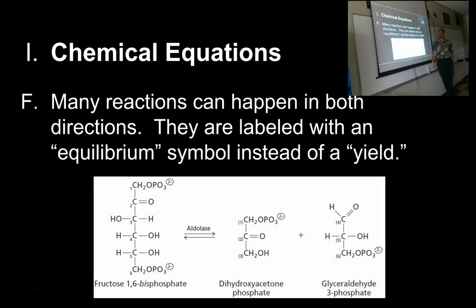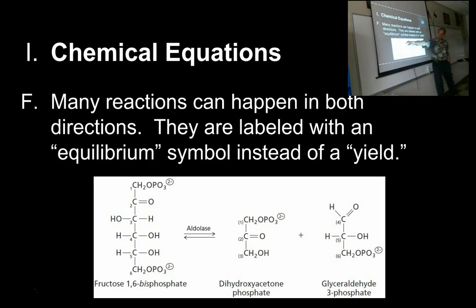So in the example here, I have a kind of sugar, fructose, okay? And fructose is a natural sugar found mostly in fruit, but other places as well. And so fructose, in the presence of an enzyme, aldolase, is broken down into 2 molecules, dihydroxyacetone phosphate and glyceraldehyde 3-phosphate.